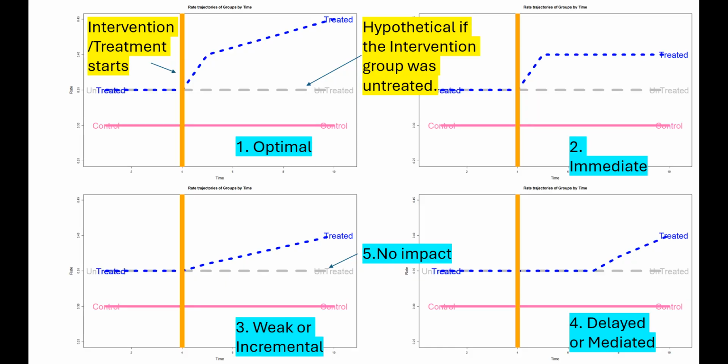I just wanted to show this slide again. You'll notice that we have different types of trends, and they're similar to what we just reviewed. For example, on the optimal side, it has an immediate change in the intercept as well as the slope.